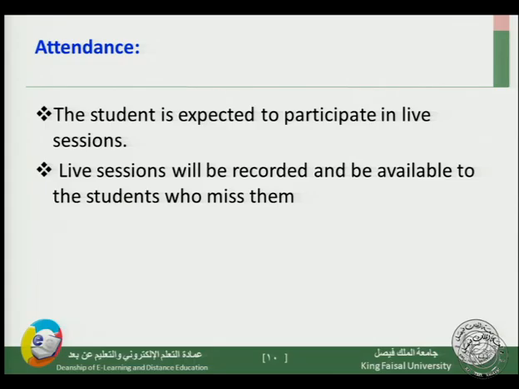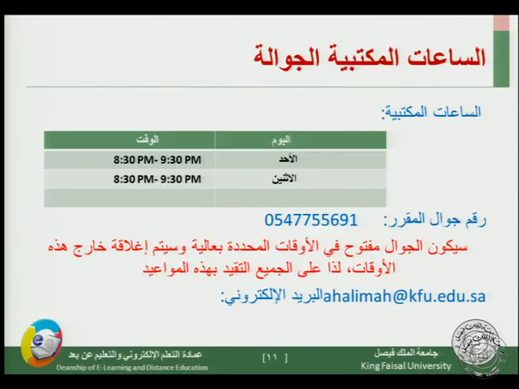But if you can't make it, the live session will be recorded and available for you online. But of course, there is a difference between attending and participating in it, or listening to it.